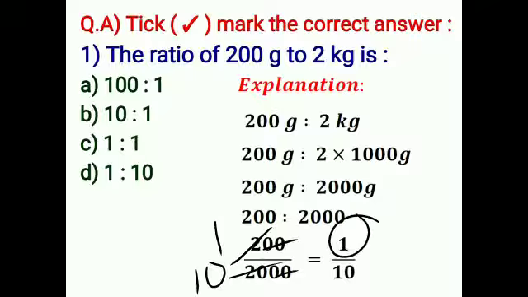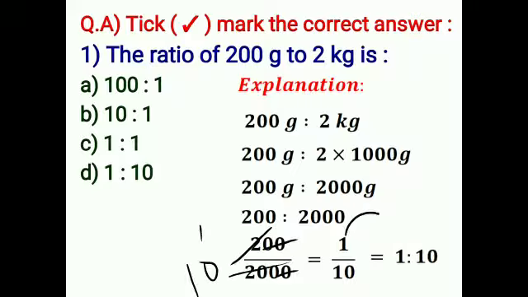The numerator is 1, the denominator is 10, correct? Now write the numerator as the first term and the denominator as the second term. What is the answer here? 1 is to 10. So which one is the correct option? Option D, 1 is to 10. This is the answer of question number A, the first one.